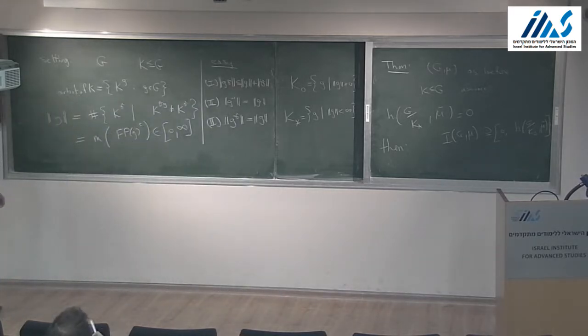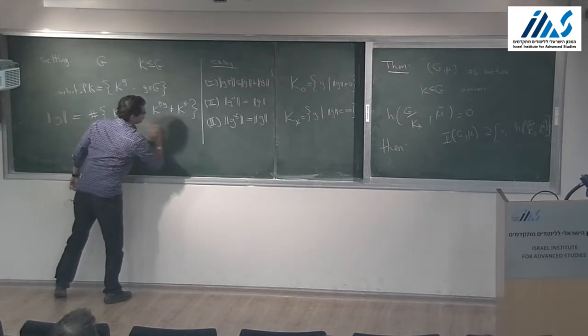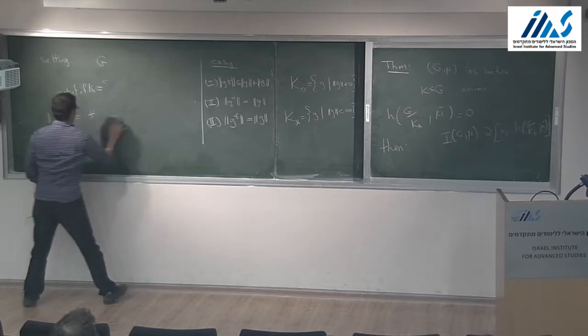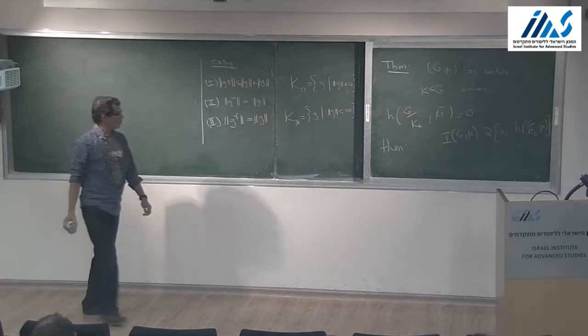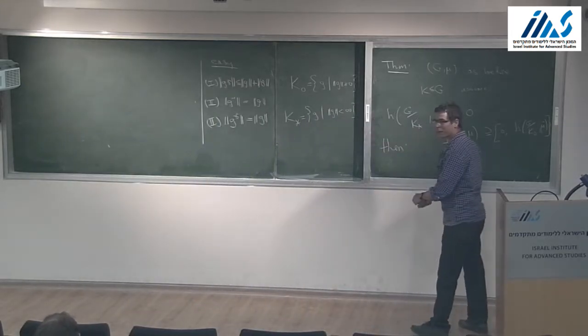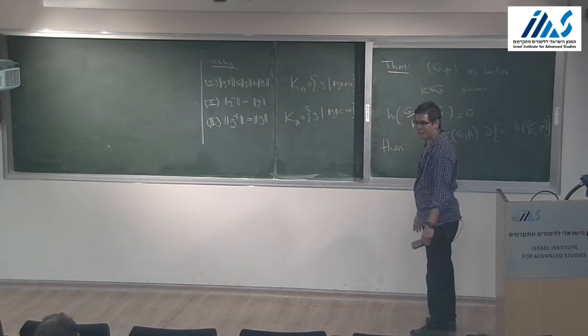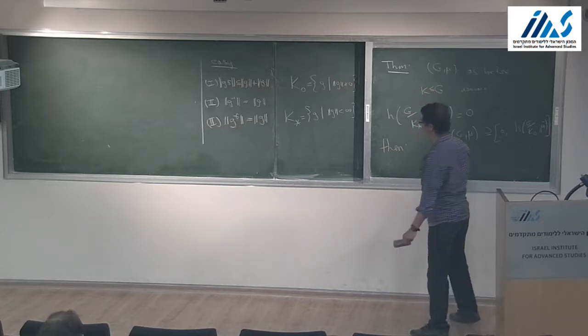I did the inclusions in the right one. Like if K star is everything and K0 is trivial, then you are done.